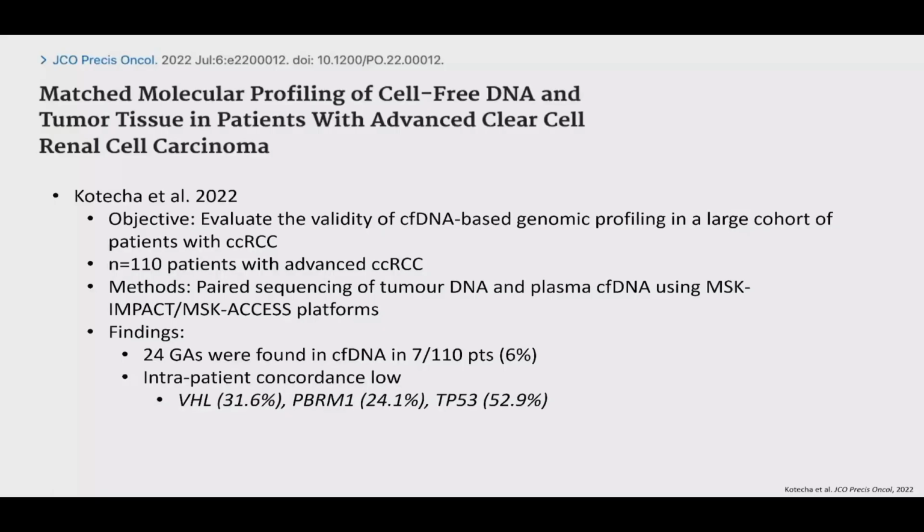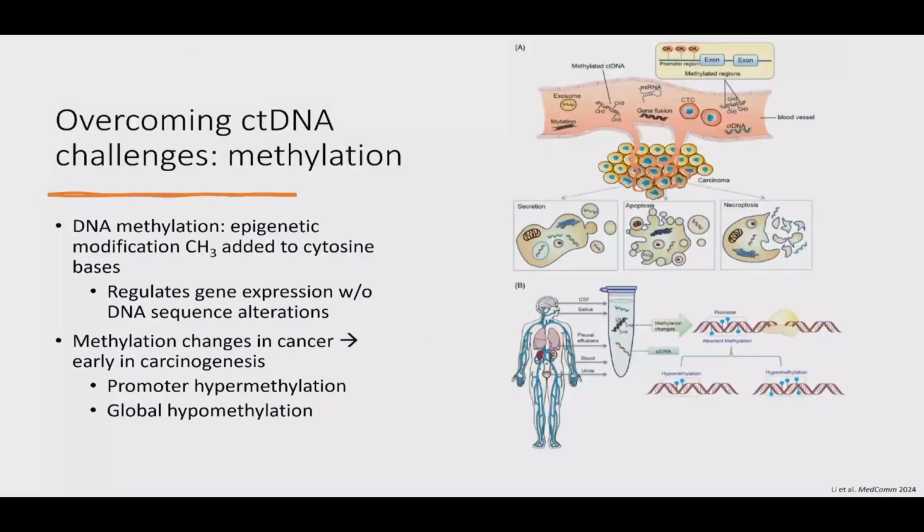And the intra-patient concordance of mutations in the ctDNA and primary tumor was quite low, ranging between 25 to 50%. That applied even for the most commonly mutated genes. For example, with VHL, there was also very low concordance noted. So how do we overcome this?